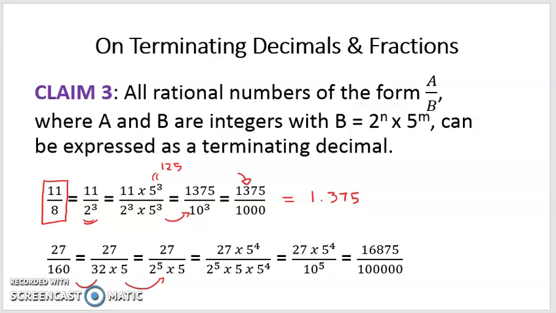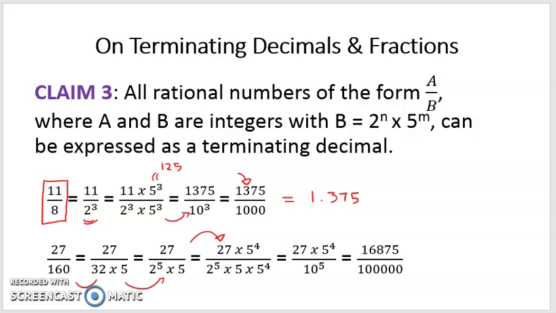Okay, I want to get this written over a power of 10. So I've got 2 to the 5th, I've got 1 5. I'm going to multiply the top and bottom, this is the equivalent fraction part right there, by 5 to the 4th. And 5 to the 4th is 25 times 25, which is 625.